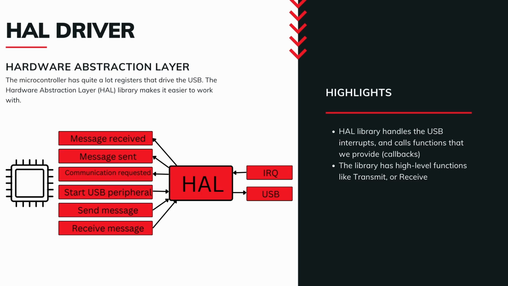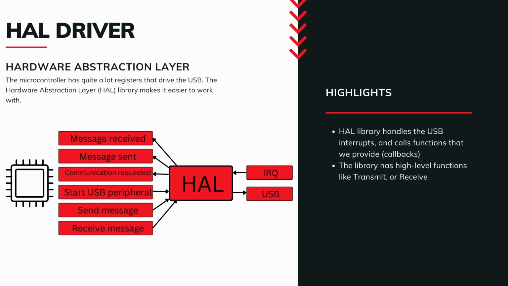Next we take a look at the library that simplifies working with USB and STM microcontrollers. HAL, or Hardware Abstraction Layer, is a library used to drive most peripherals in the microcontroller. It manipulates the registers, does error checking, and provides us, the users, a high-level API. It operates in two ways.